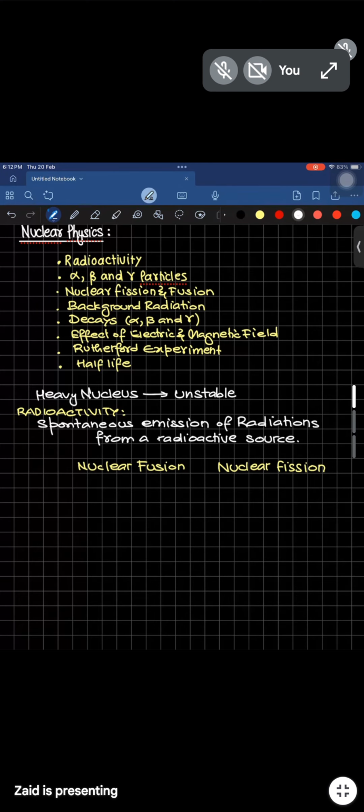So fusion is basically the combining of smaller nuclei.